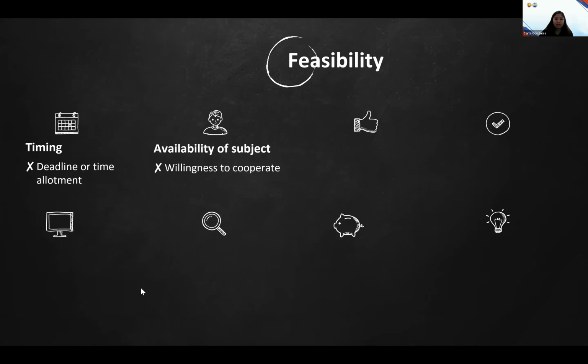So that could be a challenge. Cooperation, permission from other institutions. So this could be a challenge if you will be conducting the study in the hospital. You have to secure permits, you have to write letters to their admins.